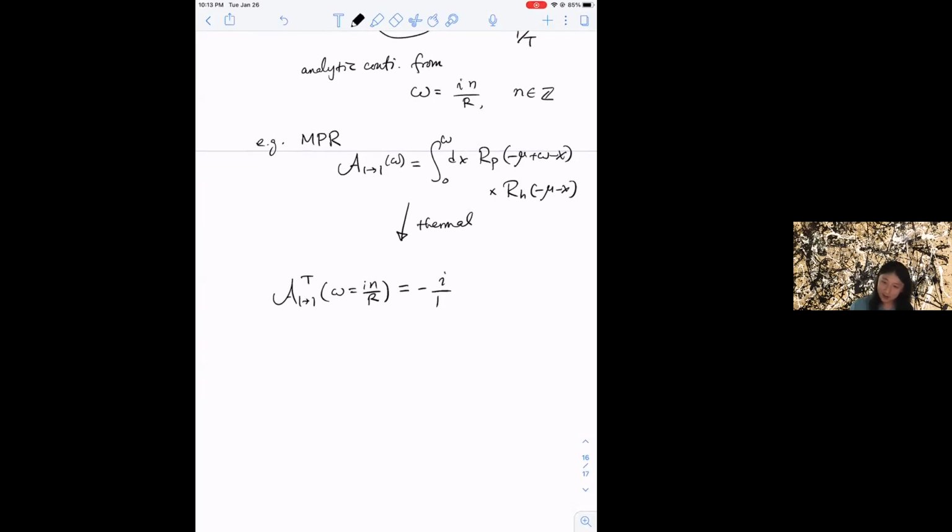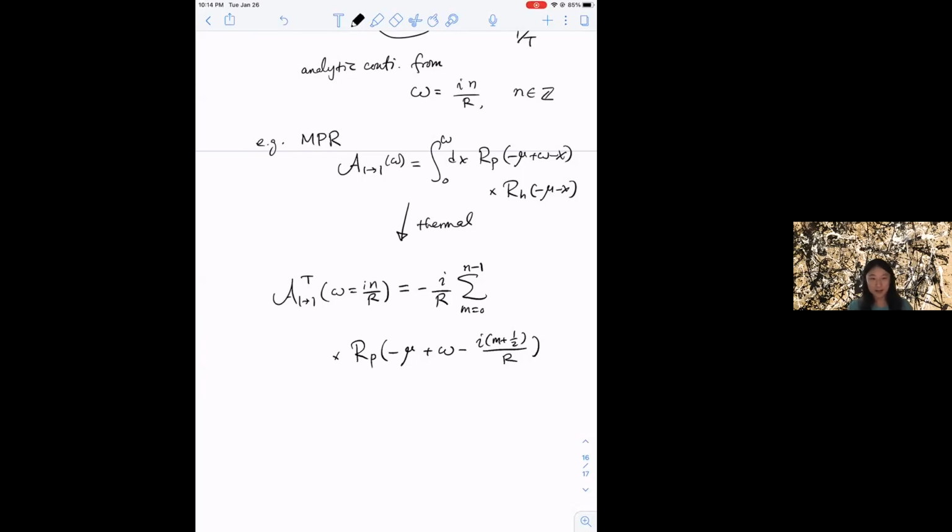So minus i over R, sum n from 0 to N minus 1, where n is like the total energy now, times R_p of minus mu plus omega minus i (m plus 1/2) over R. This is because the Kavli model is a boson, with periodic boundary conditions along the thermal circle, but the fermion has to be anti-periodic.